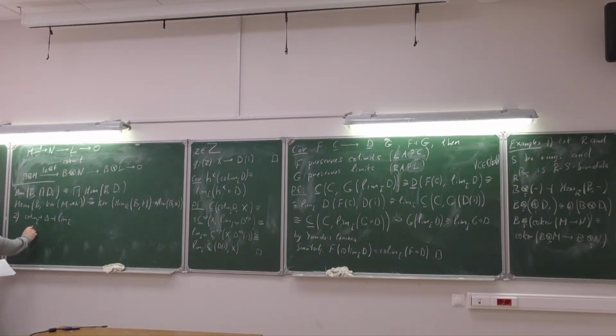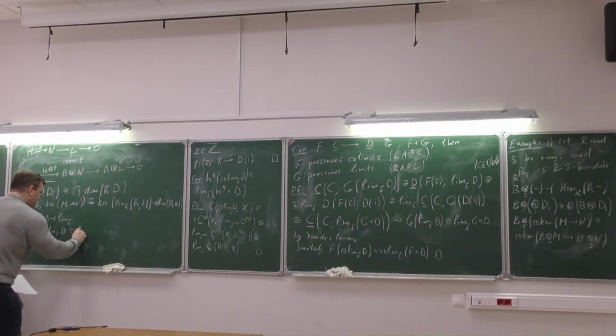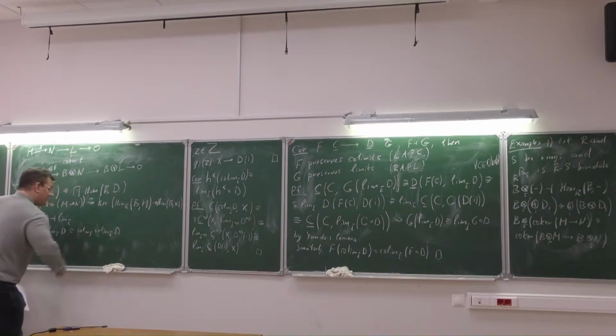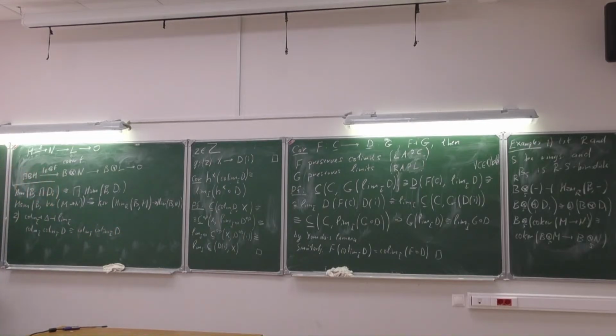The colimit over I of the colimit over J for some diagram D is the same thing as the colimit over J of the colimit over I of the same diagram D. So you can commute colimits with colimits automatically.